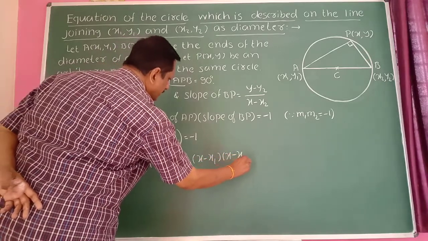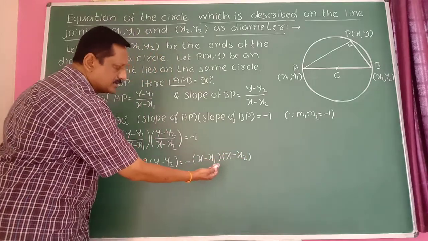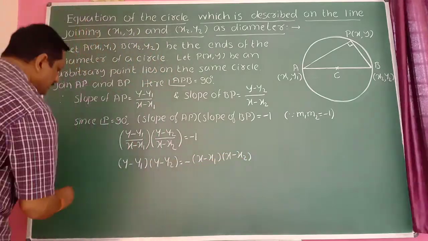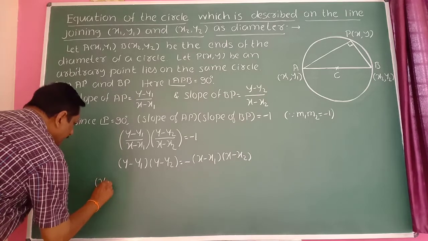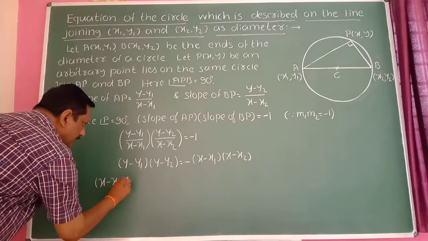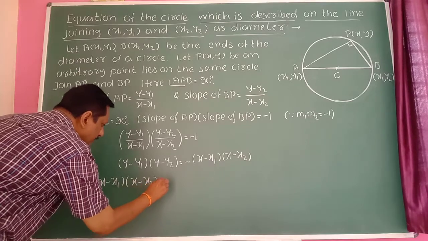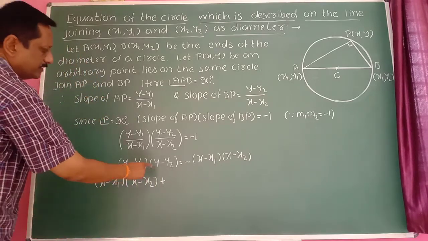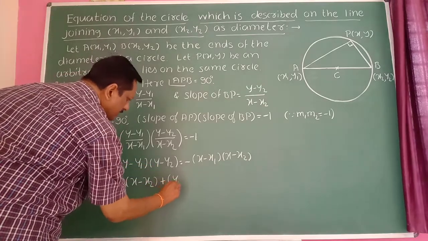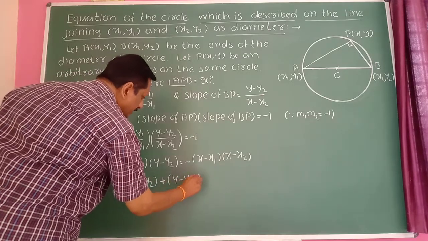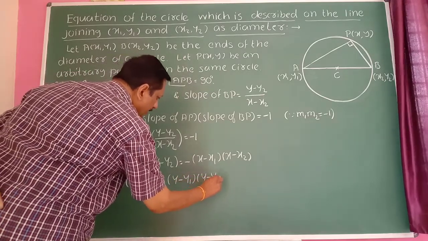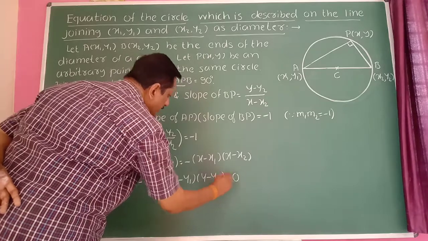Take the term to the left side, this minus becomes plus. So (x minus x1) into (x minus x2) plus (y minus y1) into (y minus y2) is equal to 0.